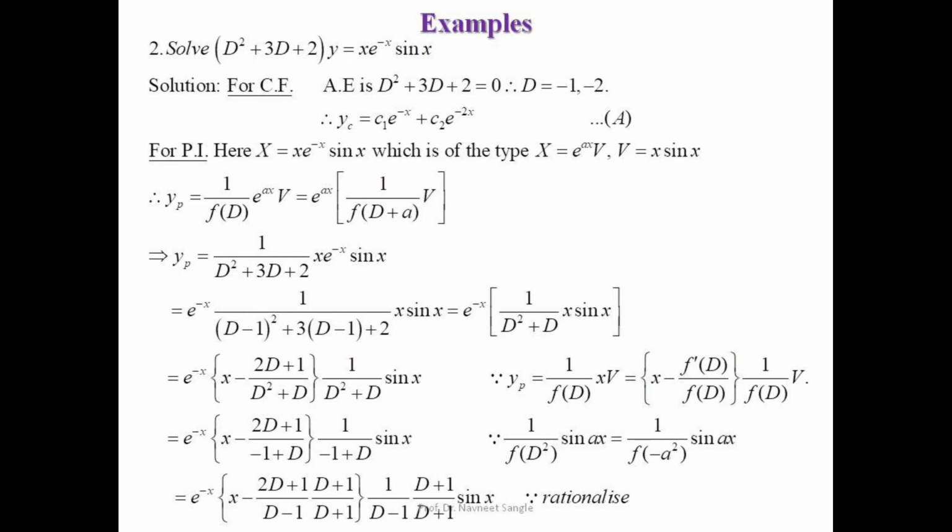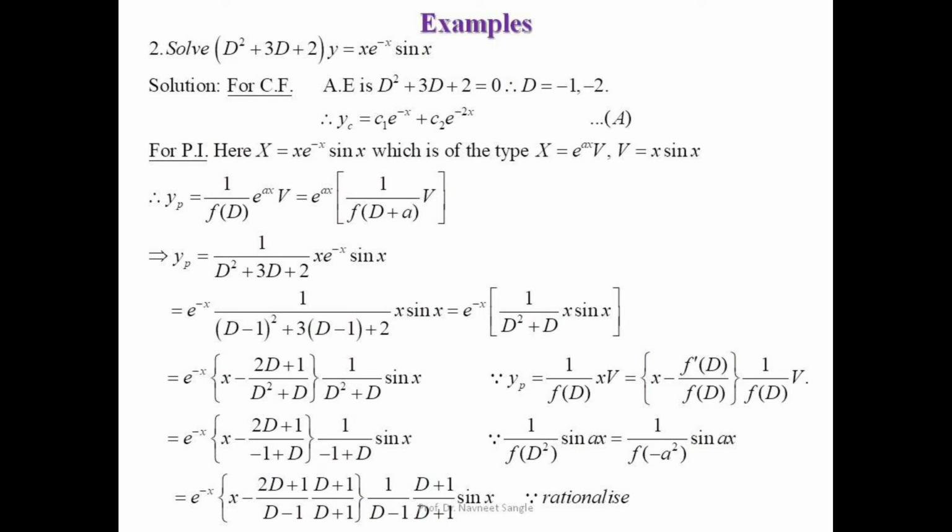So these roots are real and non-repeated. So according to the formula for real and non-repeated roots, the value of the complementary function is c1 e raised to minus x plus c2 e raised to minus 2x. So this is the first part of the solution of this equation, which is called the complementary function.